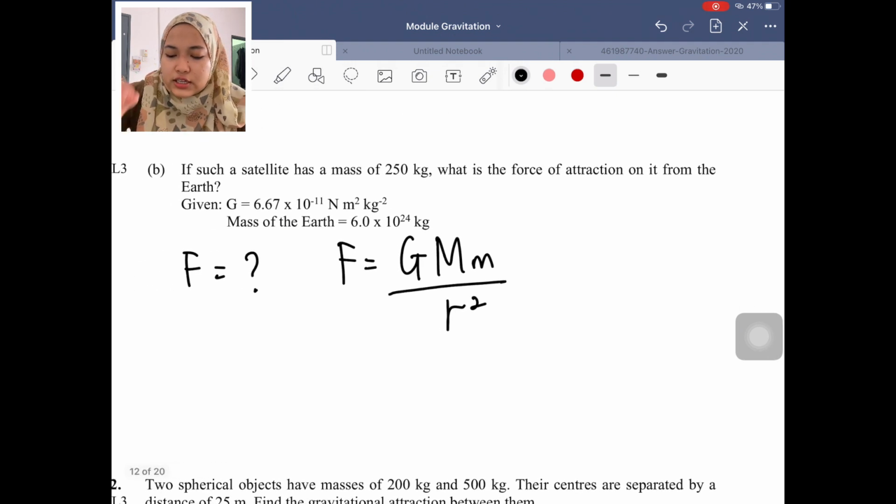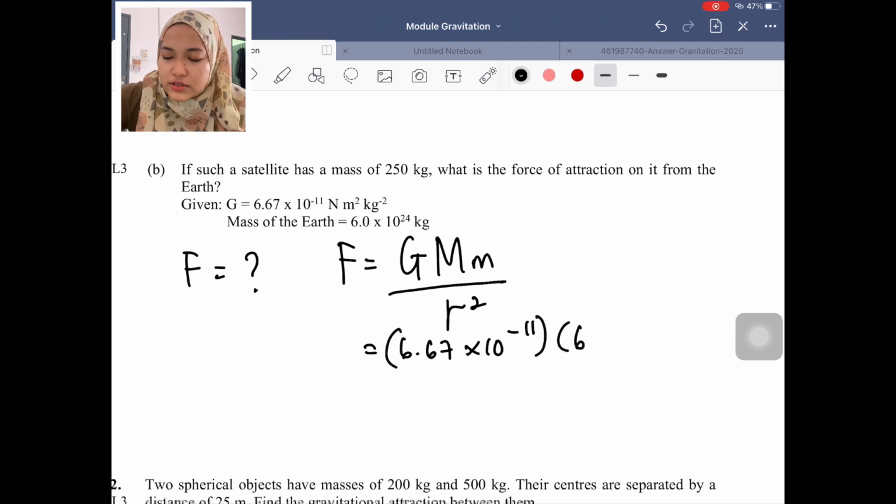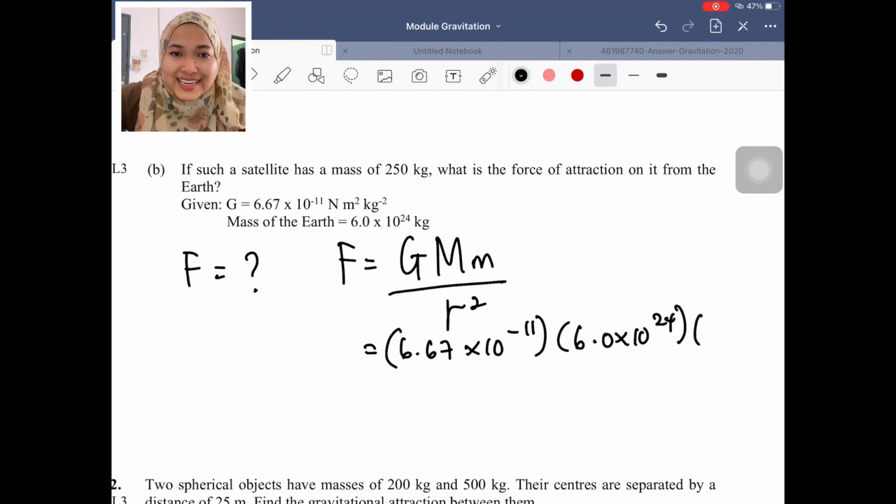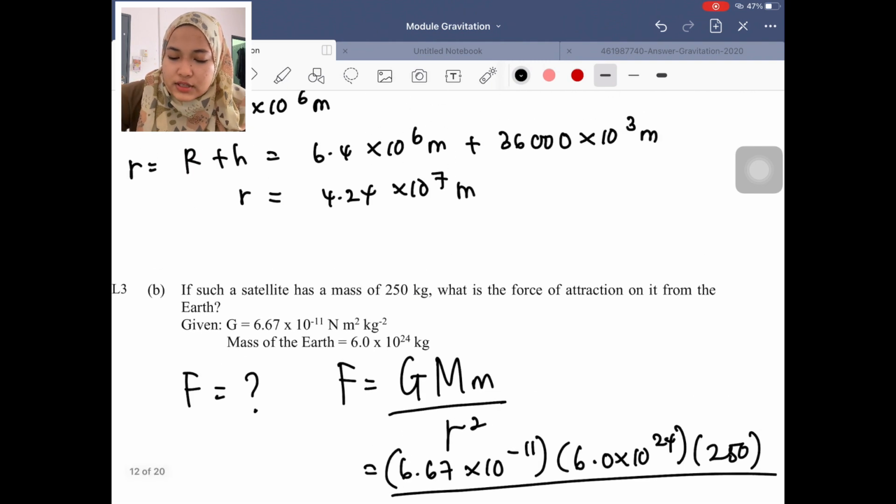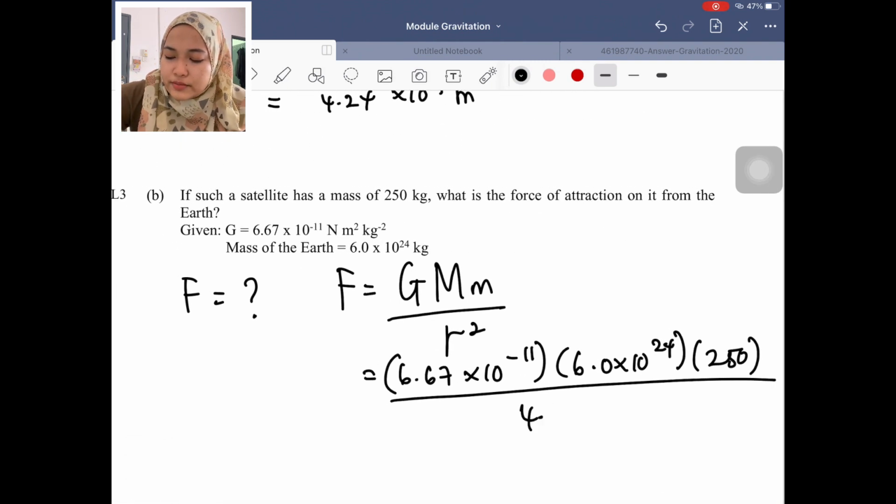So R kita dah kira dekat atas, so plug in the value. So G is 6.67 times 10 to the power of negative 11. So mass of the Earth 6.0 times 10 to the power of 24, and also the mass of the satellite is 250 kilogram. So R squared, ambil yang atas ni, 4.24 times 10 power of 7 meter squared.